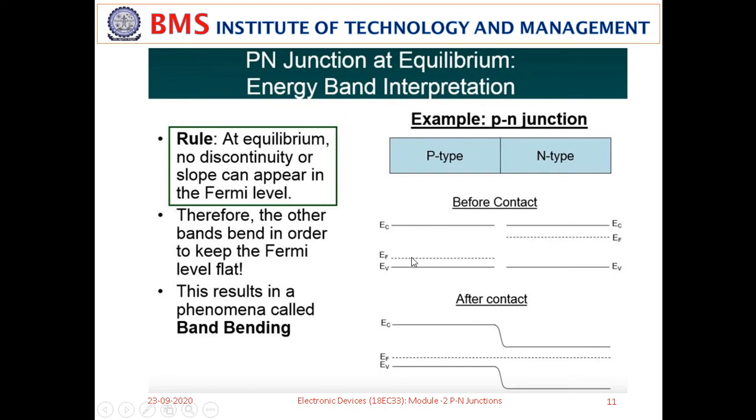When this Fermi level gets aligned, EC moves above. You can see the Fermi level has been aligned, whereas this distance remains almost constant compared to before the contact. So this is the energy band diagram for the p-n junction.